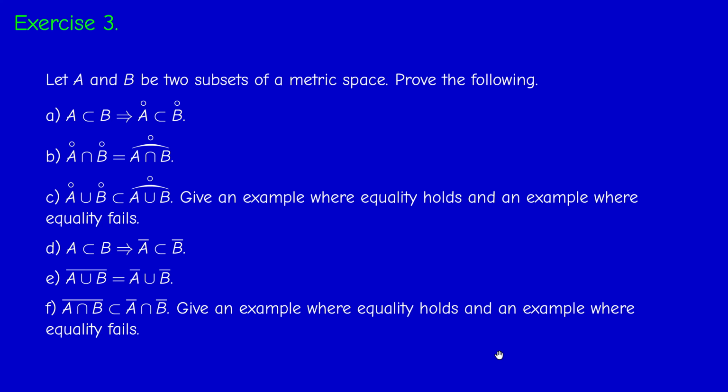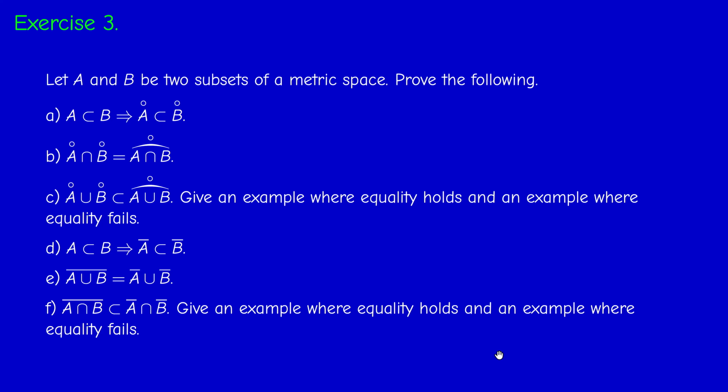Okay, so first property is that if A is contained in B, then the interior of A is contained in the interior of B. Second property, the intersection of the interiors is the interior of the intersection, finite of course, because we just have two. And the union of the interiors is contained in the interior of the union, but equality may fail.